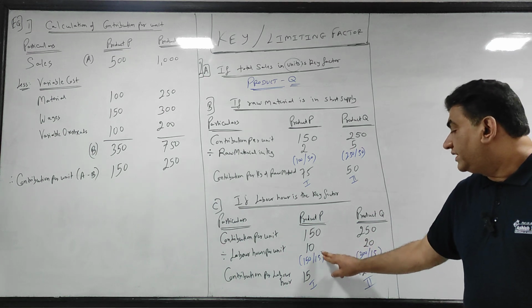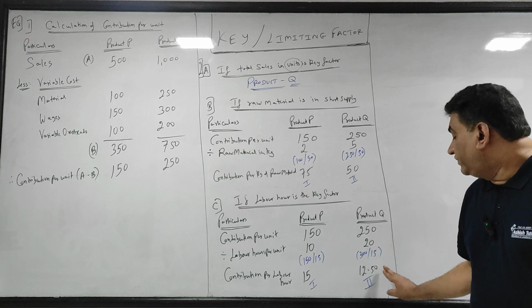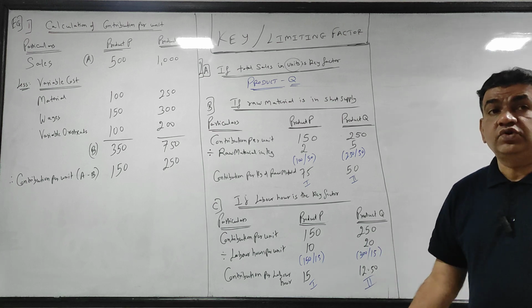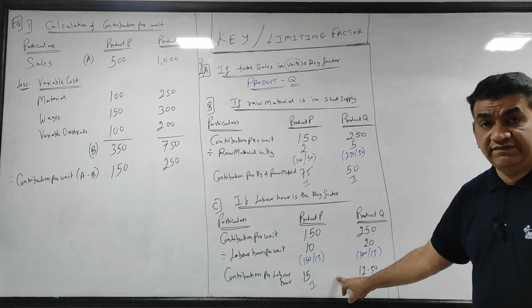So 150 divided by 10 is 15, and 250 divided by 20 gives you 12.5. So this is preferable.